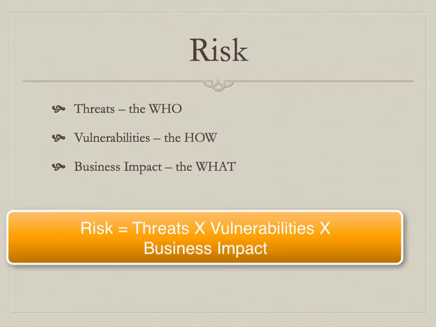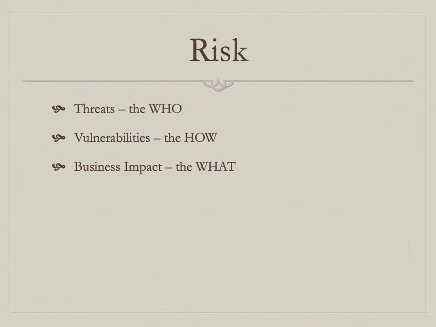So threats are the who, vulnerabilities are the how. How can a threat achieve its objectives? What can it use? So a threat will use a specific threat agent depending on the vulnerabilities that are present in a network or system to achieve their goals.